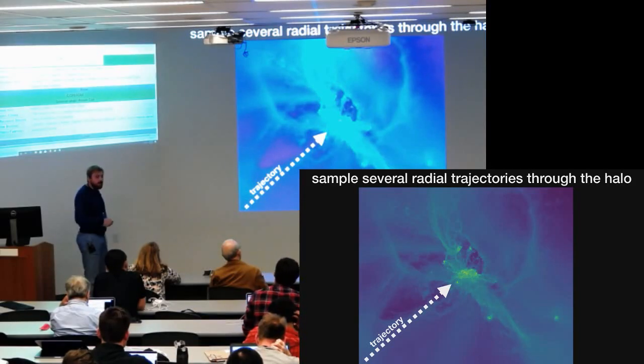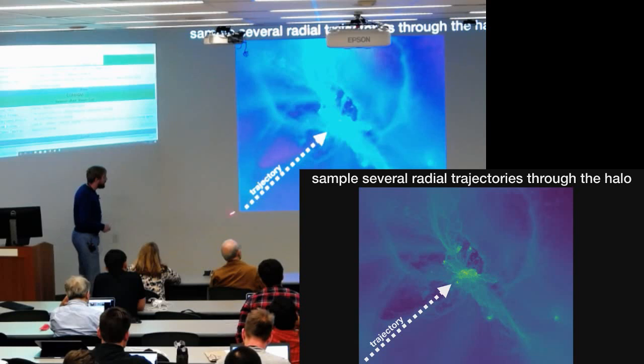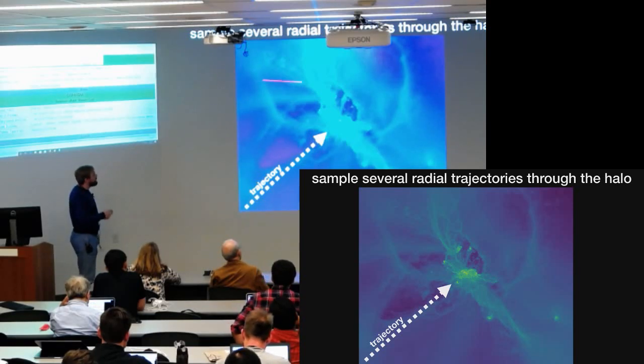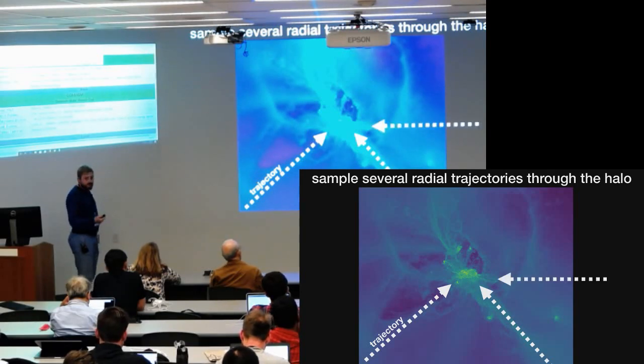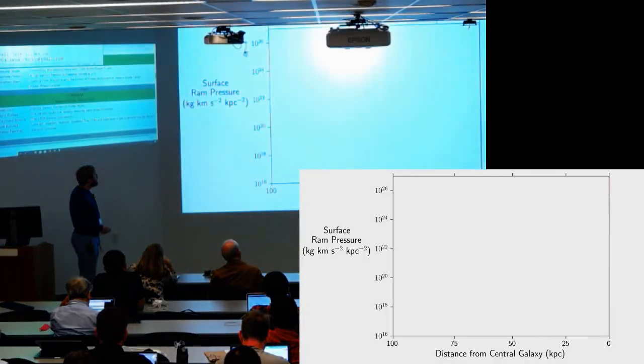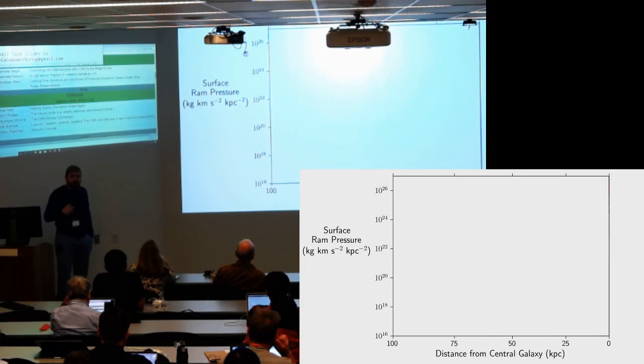So I'm going to do the most simple thing you could do with these simulations. I'm going to look at a random sample of radial trajectories starting at 100 kiloparsecs and just moving towards the centers of these galaxies. So here's one radial trajectory, here's another, here's another. So we'll start with this plot. On the vertical axis is the surface ram pressure as a function of the distance from the central galaxy.